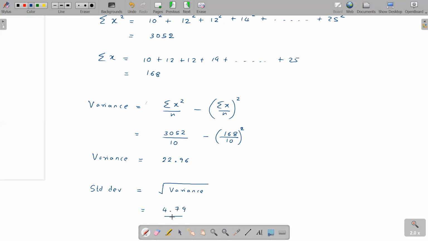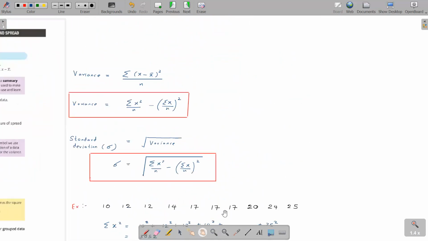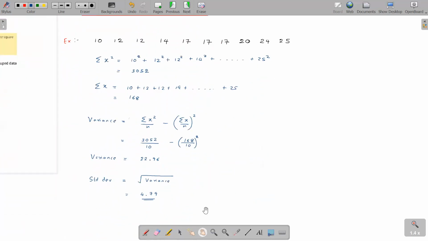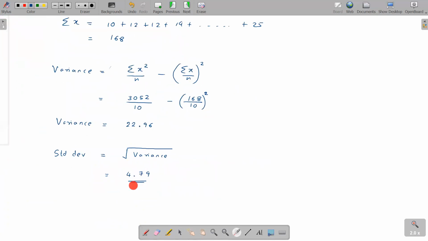So the standard deviation is the more important measure of the two, because as I told you, the variance gives the square of the differences. But standard deviation takes the square root of this, which gives you how much the data is actually spread around the mean.